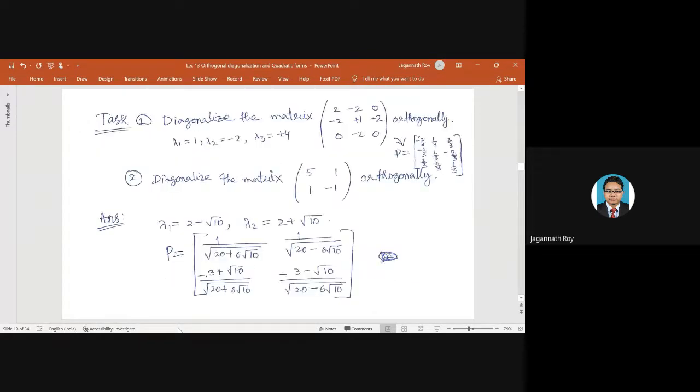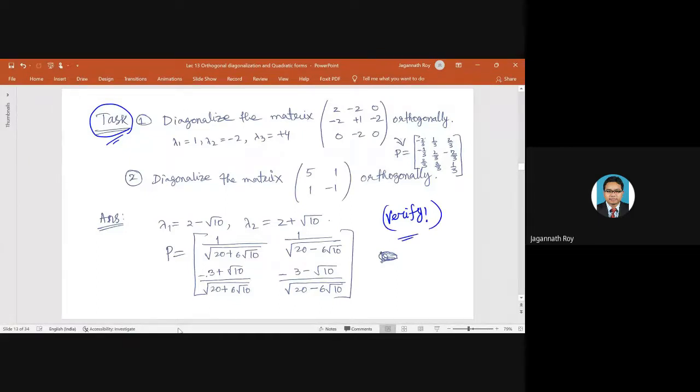So with this problem, the diagonalization of a matrix comes to an end. There are two tasks I am attaching, so try to verify them also, whether these results are correct.